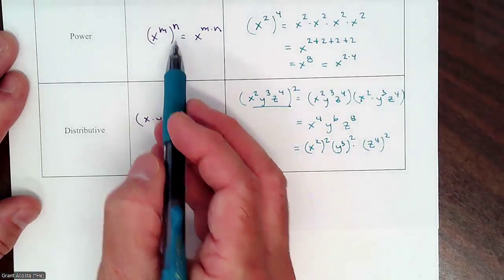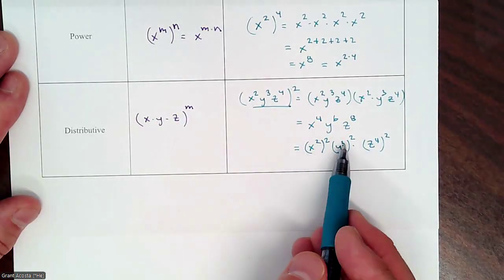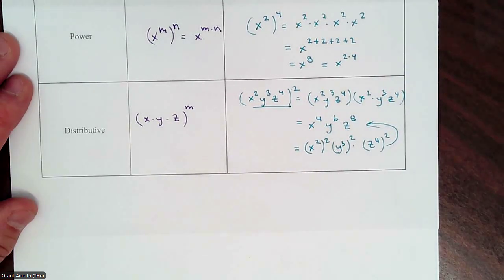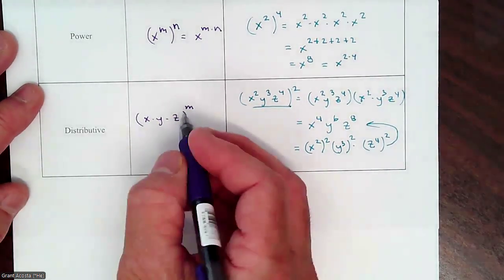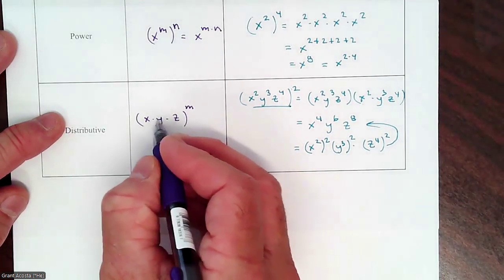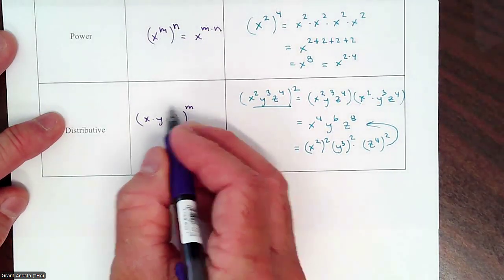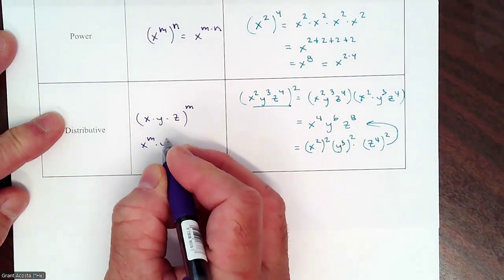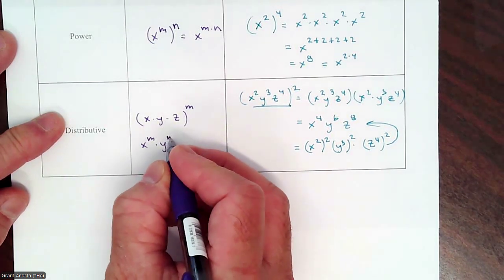And we learned from this property here that we could just multiply these exponents and get that answer right there. So the distributive property means if you have a bunch of things multiplied together inside parentheses and you're raising it to a power, you're going to distribute that power to each thing inside the parentheses.